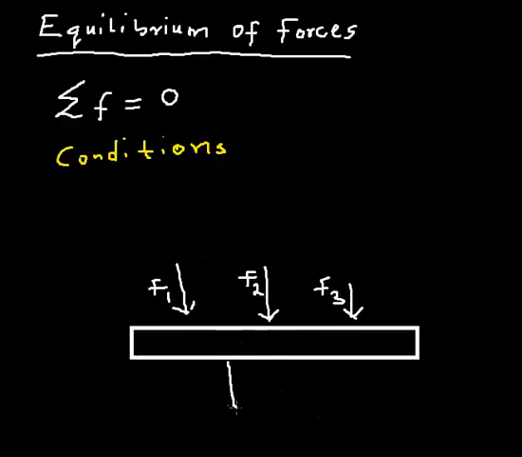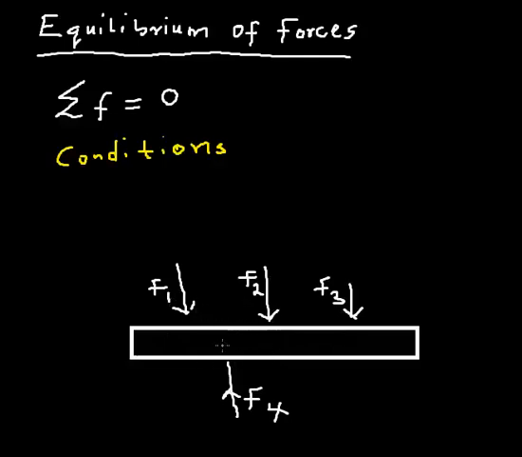Let's say I have another force, F4, pushing the beam upward. If these forces are acting on this beam, on this plane at the same time, they are called coplanar forces. Now, if the resultant of all these forces on this plane is equal to zero, then these forces are said to be in equilibrium.